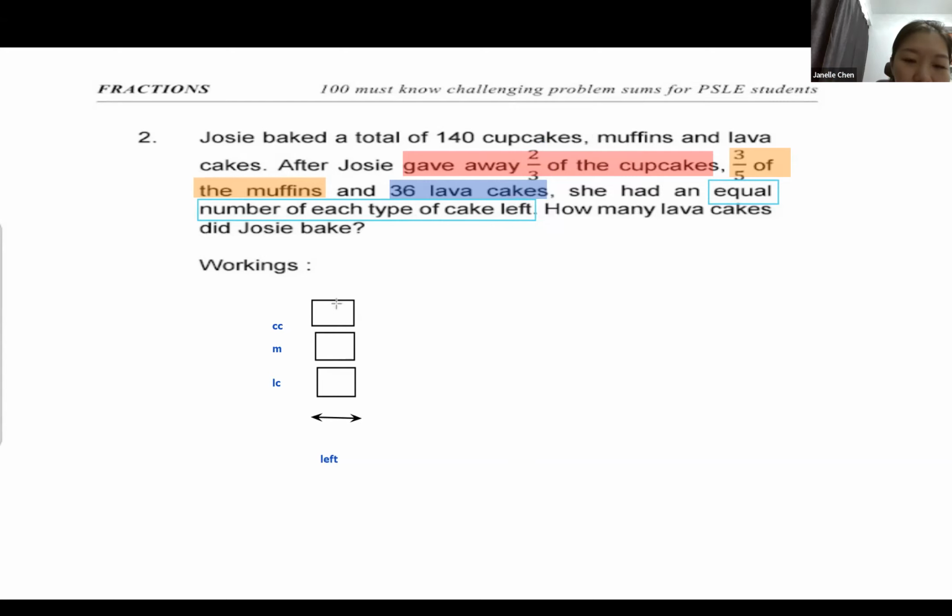So that means left 1 unit for cupcakes, right? So my cupcakes giveaway is the same unit as what I have here. So what I need to do is draw this, cut into half, so each of the units looks the same. That's for cupcakes. This one is actually the giveaway.